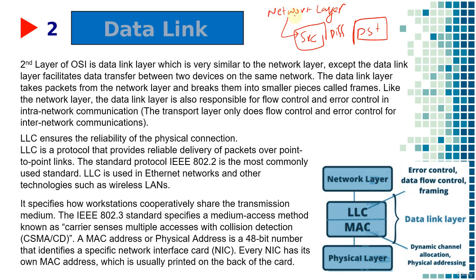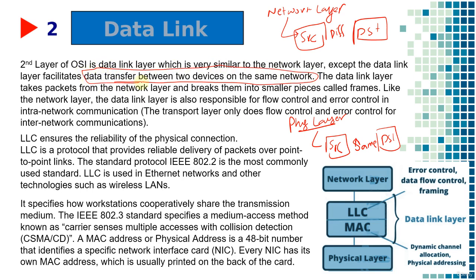But as opposed to the network layer, we have the data link layer. This layer comes in handy when the source and destination are on the same network. So this is what it's trying to say: transfer between two devices on the same network.